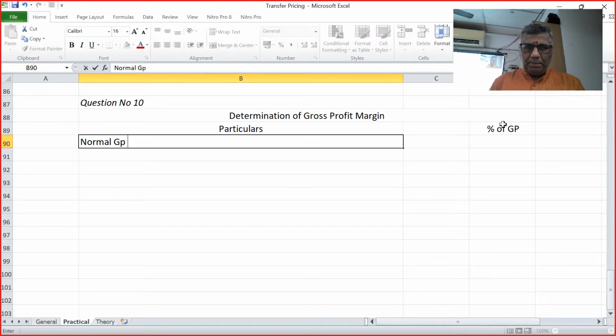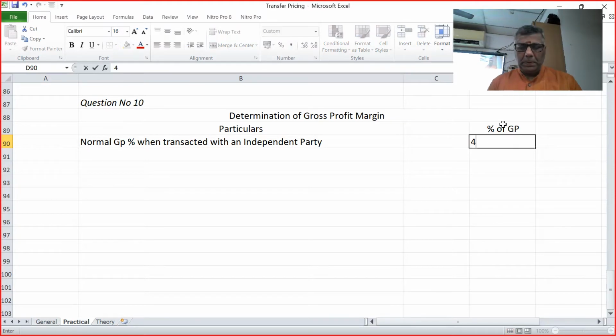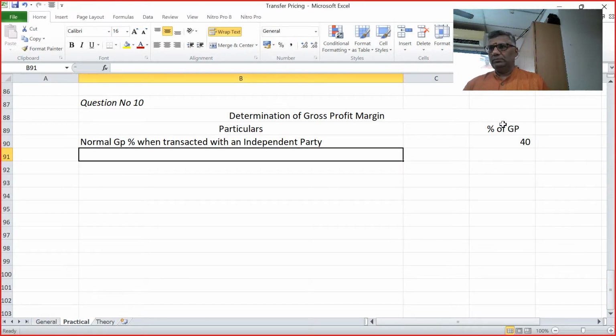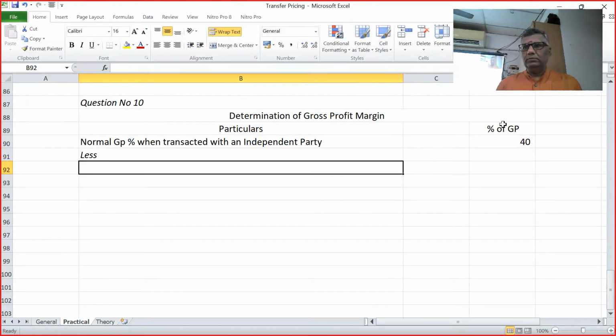Normal GP percentage when transacted with an independent party. How much is that? 40. Hotmail Limited, my dear friends, provides technical know-how which is not provided by the independent party. So Hotmail's GP should be less to that extent. You all agree with me? They are giving me technical know-how.